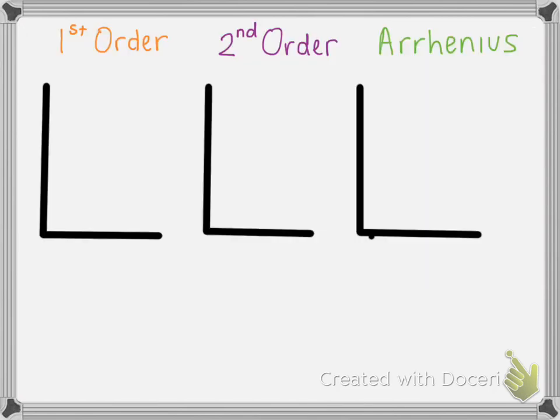Okay, so now it wants us to compare the 3 plots we see all the time when we're talking about kinetics in Chem 112. So we have a first order, second order, and an Arrhenius plot. So for the first order equation, we'll use the integrated rate law, so natural log of A at some time is equal to the natural log of our original concentration minus kt. So we're always going to think about these equations in a linear form. So y is equal to b plus mx.